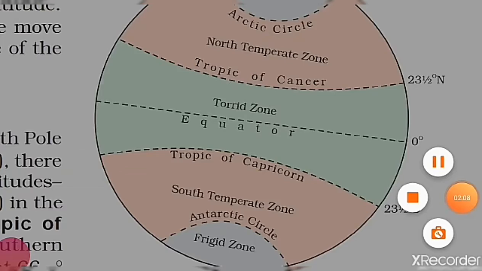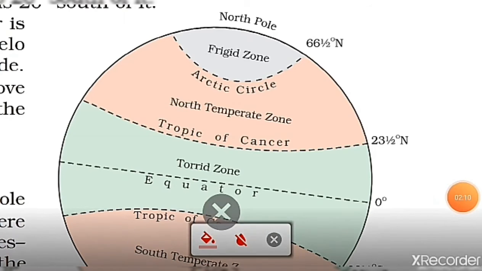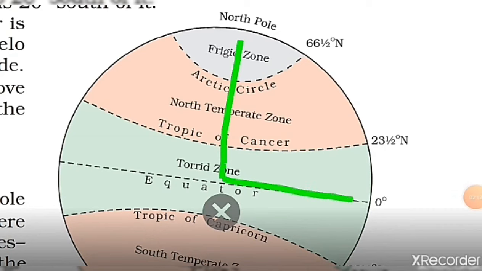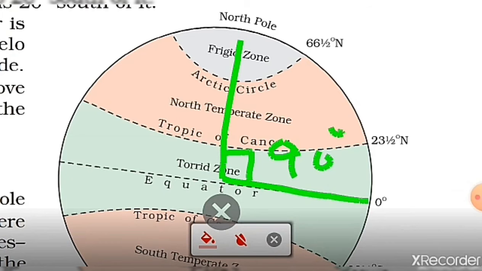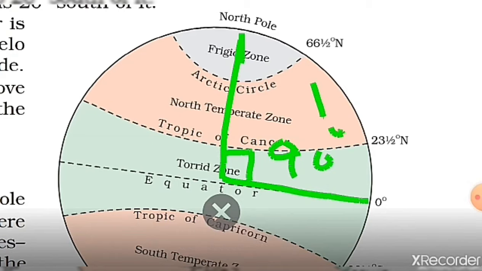So 90 degree at the North Pole. You can mark it like this. It is the 90 degree North Pole. It's a north latitude.